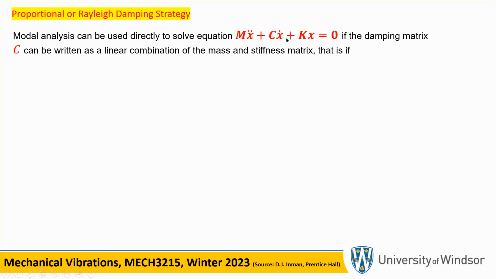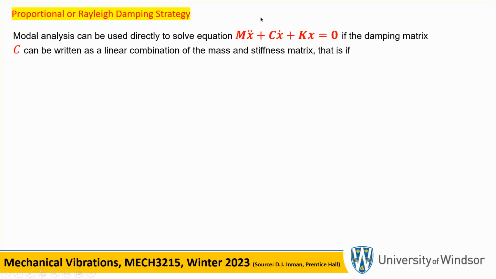However, if in general there's a matrix C here, that transformation which makes this diagonal, and that transformation is simply X equal to P times Q, so X equal to the modal matrix times Q, there is no guarantee if I use that transformation that this matrix C is actually diagonal.